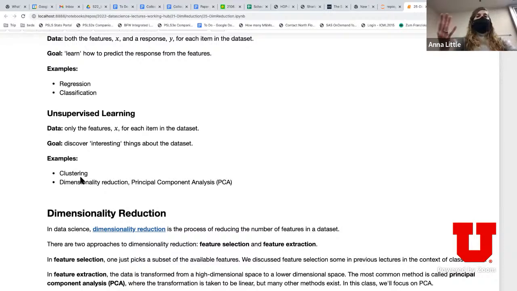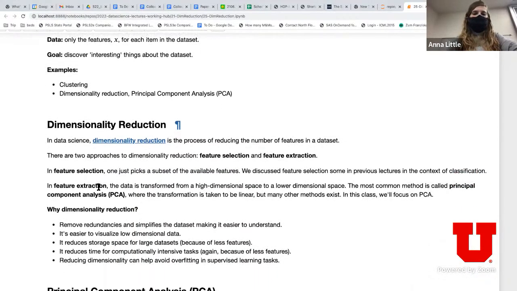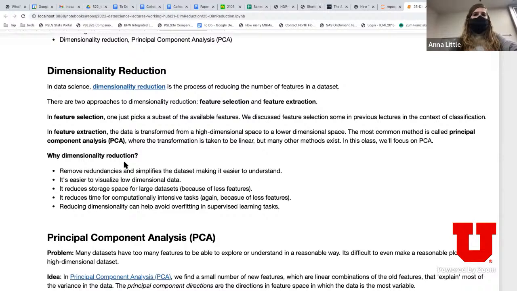So in the context of what we're doing today, we have some data set X, we've got a bunch of features, and we want to create a low dimensional embedding of that data, but it's without access to any labels. It's just visualizing the data itself. Okay, so that's what we're doing.